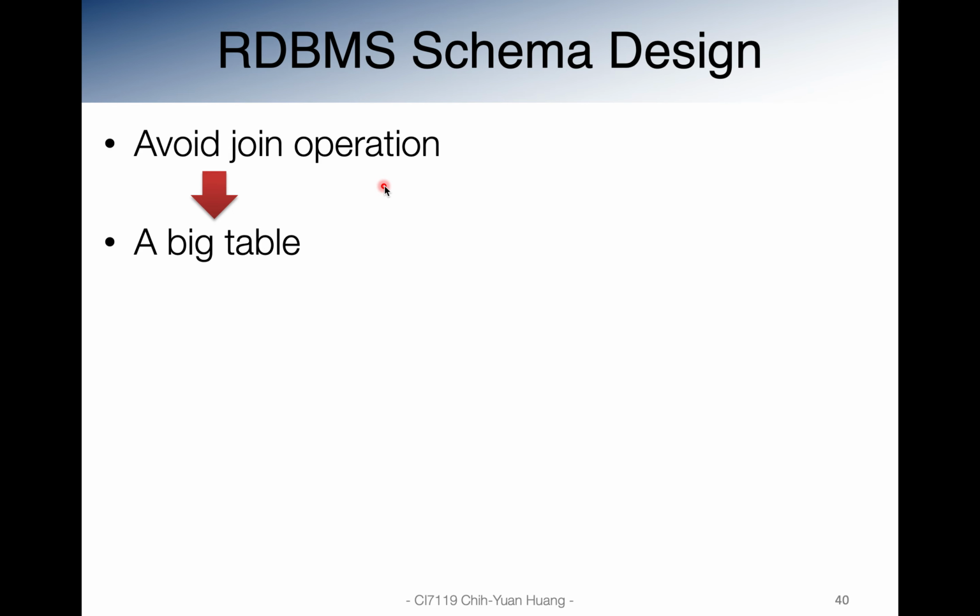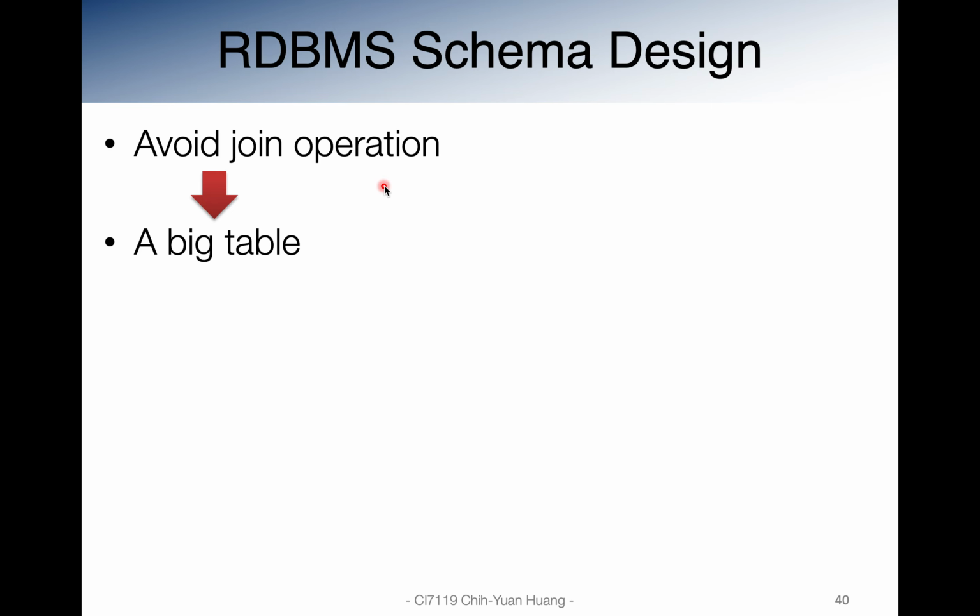So the schema design, without processing the join operation, directly gives you the big table. So this is one way to do it. Because that big table doesn't need the join operation, the runtime process is efficient.